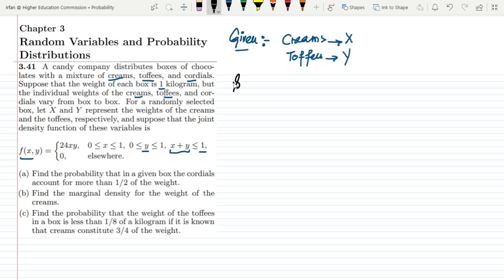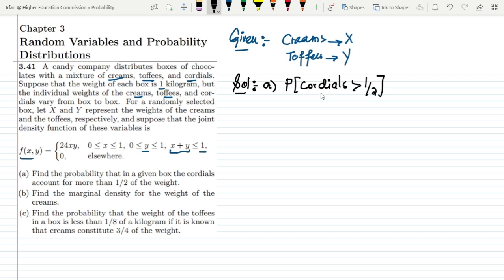Okay, so in solving part A of our question, we have to find the probability that the weight of the cordials is more than 1 by 2, or half of the weight. But here we can very easily see that the joint density function doesn't involve the cordials, it only includes the weights of the creams and toffees.